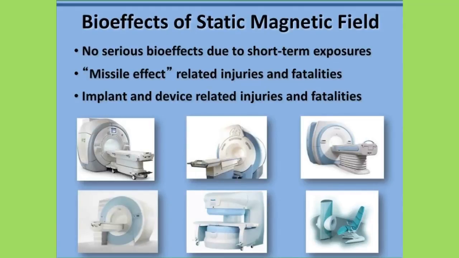These incidents are referred to as missile or projectile-related accidents. In addition, exposures of patients and other individuals to MRI scanners have resulted in serious injuries and fatalities due to the presence of ferromagnetic aneurysm clips, ferromagnetic foreign bodies, conventional cardiac pacemakers, insulin pumps, and other implants and devices.